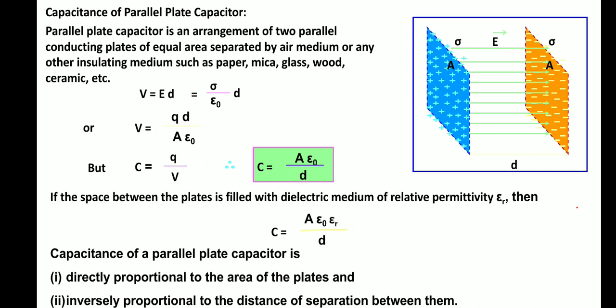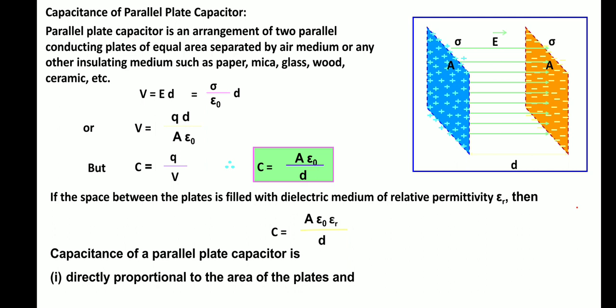First we defined what is capacitance, and we studied the principle behind the capacitance of the parallel plate conductor, and we obtained the equation for the capacitance of the parallel plate capacitor, and we established the relation between the capacitance and the area and the distance. Okay, in the next class we will continue with capacitance in series and parallel. Thank you.